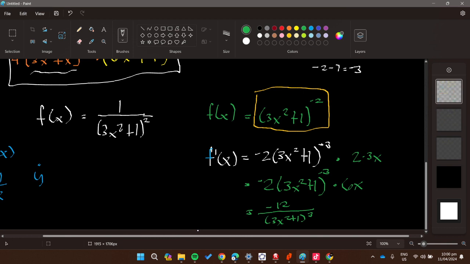Any questions about chain rule? Kasi if wala, we are going to apply this concept of chain rule in solving different trig functions, of course.